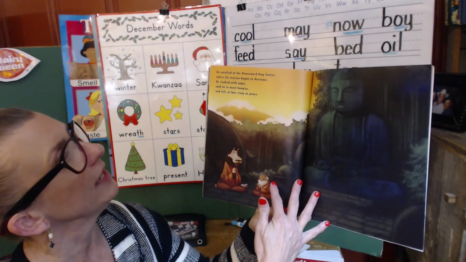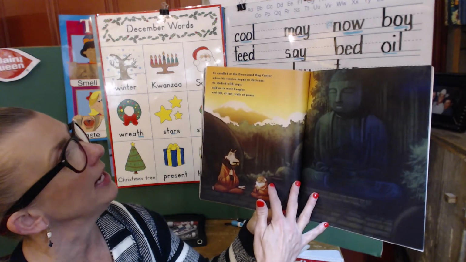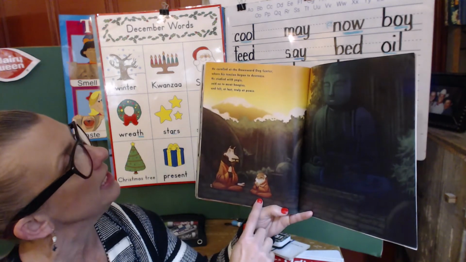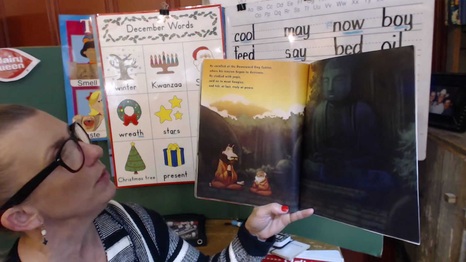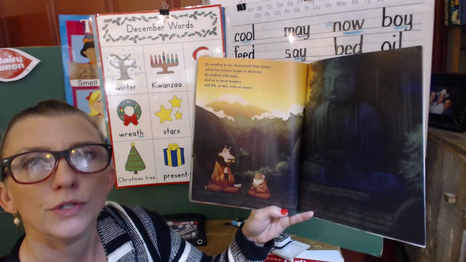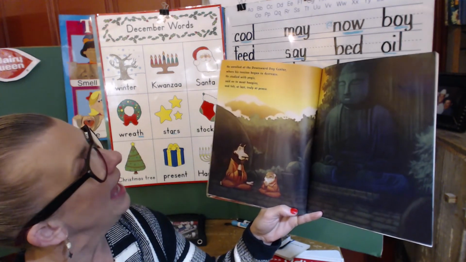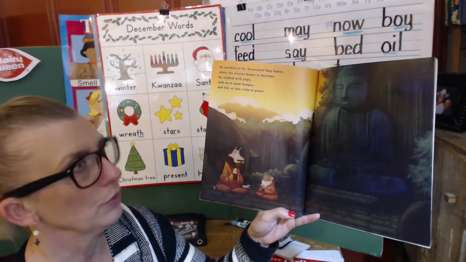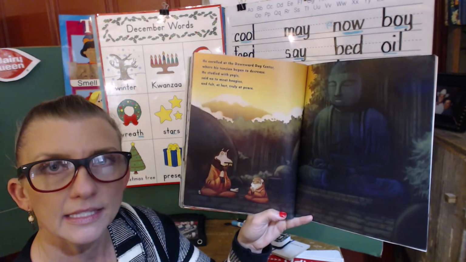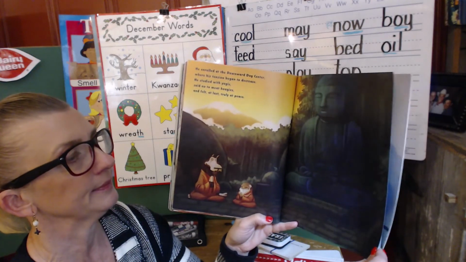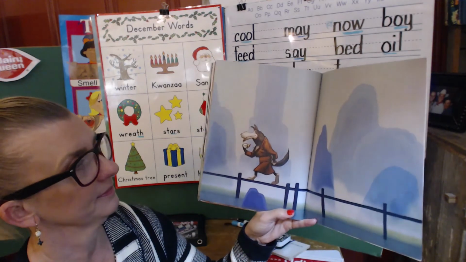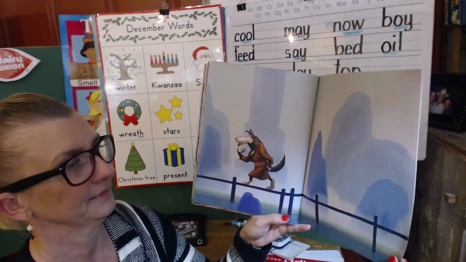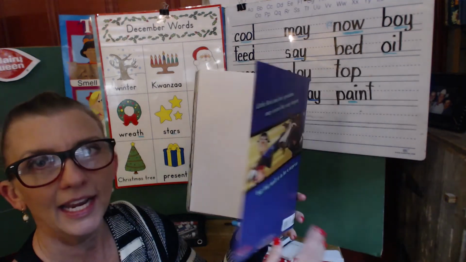He enrolled at the Downward Dog Center, where his tension began to decrease. He studied with yogis. He said no to meat hoagies and felt at last truly at peace. The end.